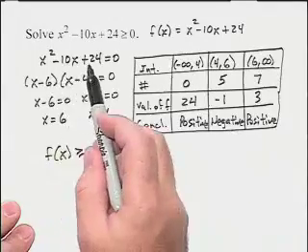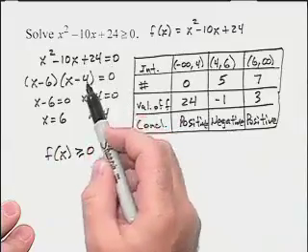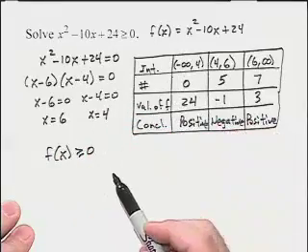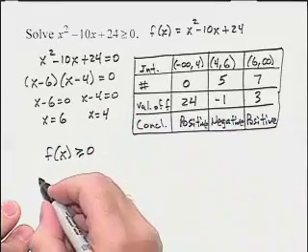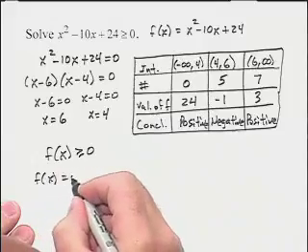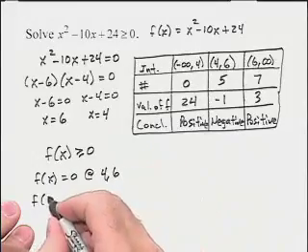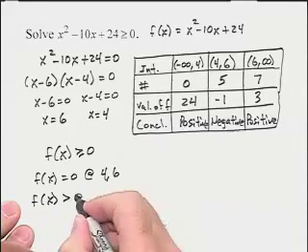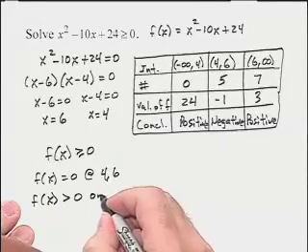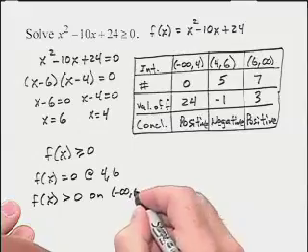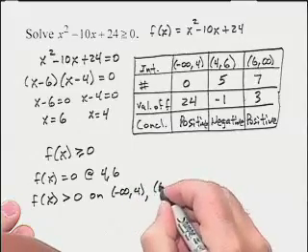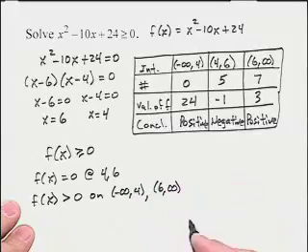We actually solved that when we set f of x equal to 0 to find our breaking points for the real number line. So we can say that f of x is equal to 0 at 4 and 6. F of x is greater than 0 on the interval negative infinity to 4 and the interval 6 to infinity.